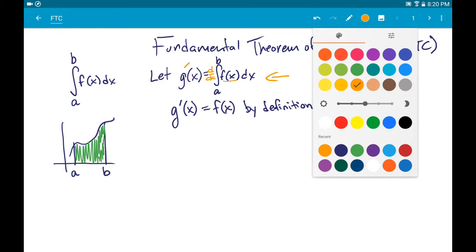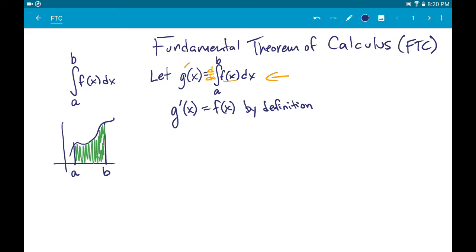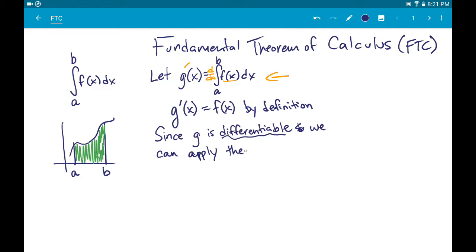Let me switch back to my other color. So we now can say, since g is differentiable, remember differentiable means it has a derivative, we can apply the theorem that we talked about yesterday, the mean value theorem.